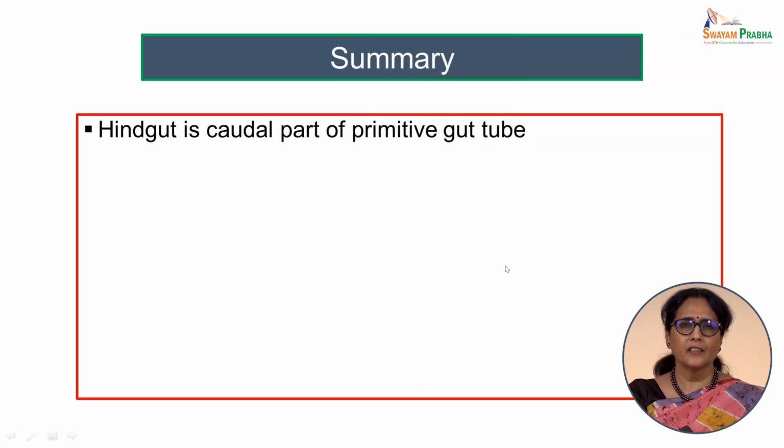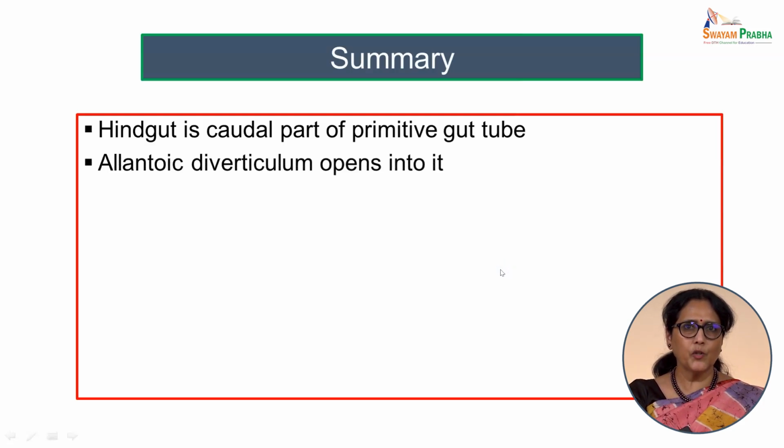The hindgut is the caudal part of primitive gut tube. Allantoic diverticulum opens into it. The allantoic diverticulum is actually an extension from the roof of yolk sac from the caudal end of germ disc into the connecting stalk, which later forms the umbilical cord.